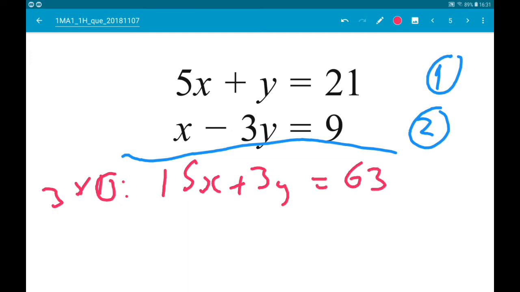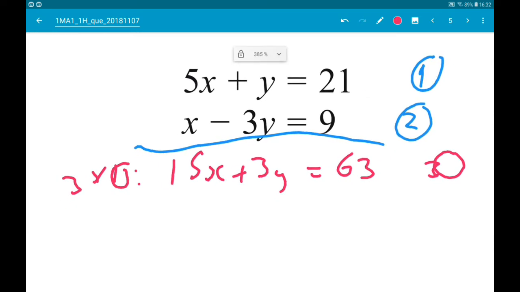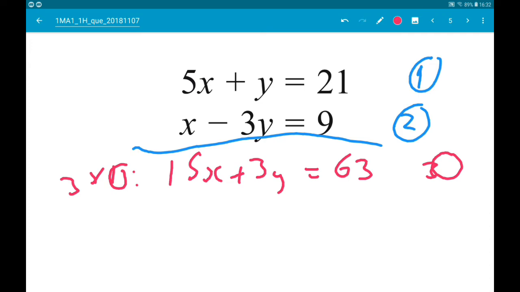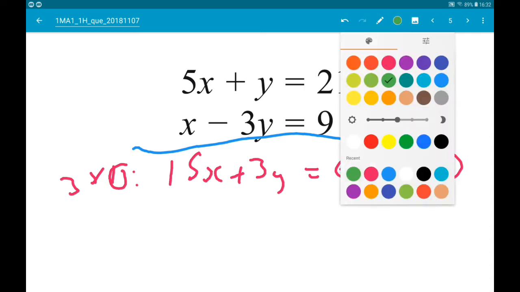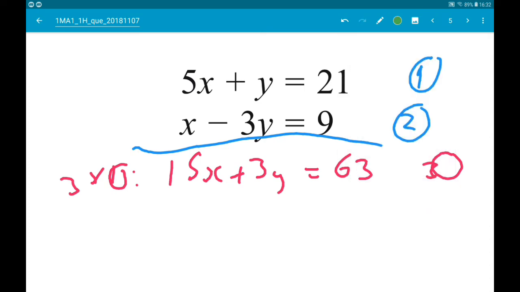Now we're going to call that equation 3. So, now 2 and 3 both have 3y in them. Because one is negative and one positive, we have to add the equations together.